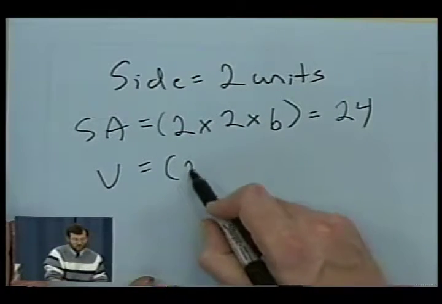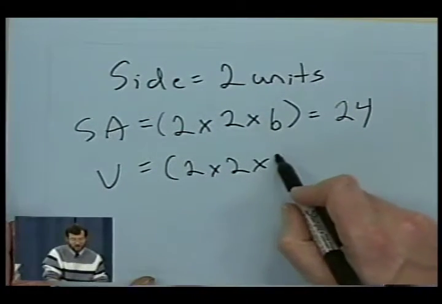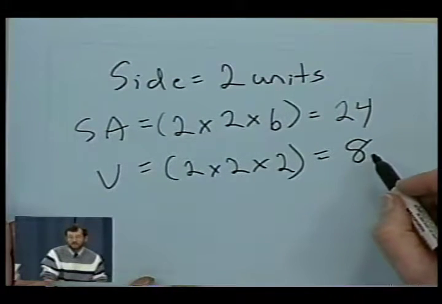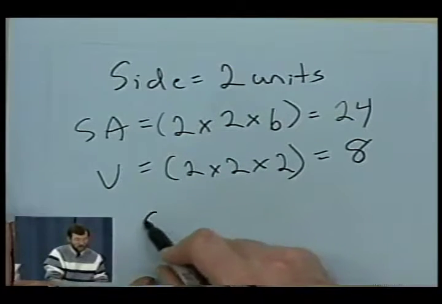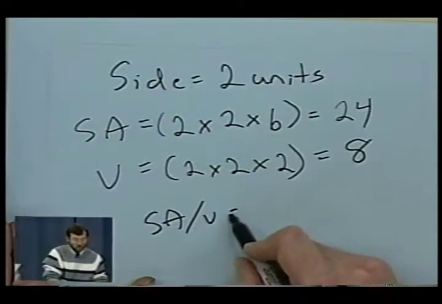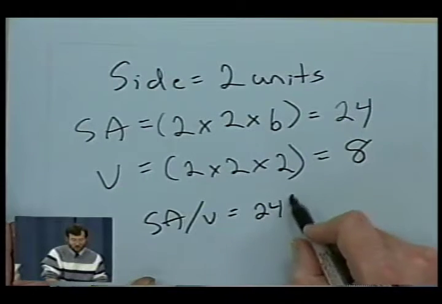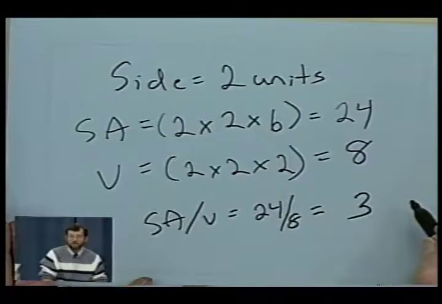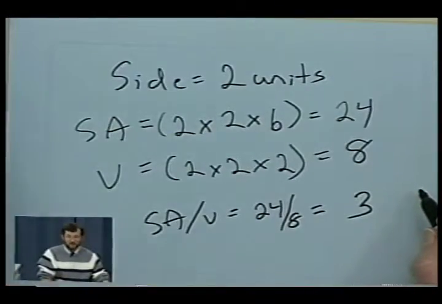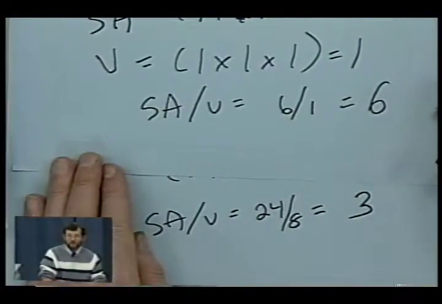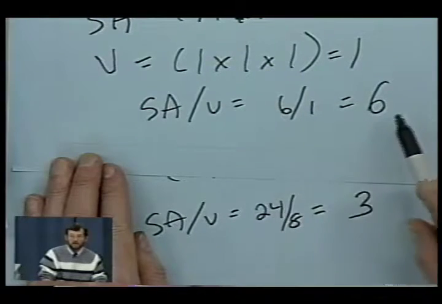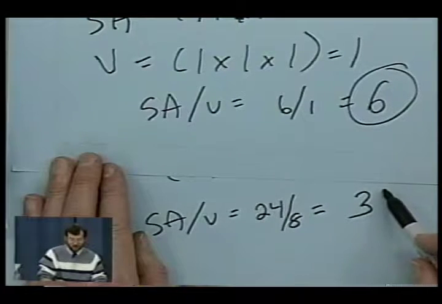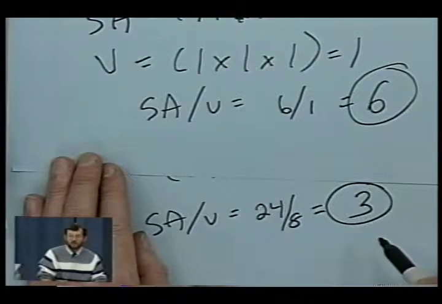Volume is going to be equal to 2 times 2 times 2, length times width times height, or 2 cubed, is equal to 8 units. So now if we take a look at surface area to volume ratio, we now have 24 over 8, or the ratio now becomes 3. If you compare that to the ratio that we had a moment ago, where we had the unit being equal to 1, instead of having a surface area volume ratio of 6, we now, in doubling the side, have halved the ratio.